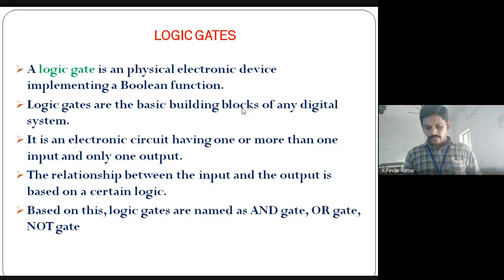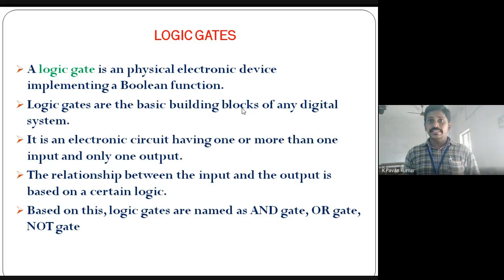First, we have to get an idea about what logic is and what is meant by a Boolean function. Logic depends upon which type of gates you use in combination with logic variables. So what is meant by a logic gate?